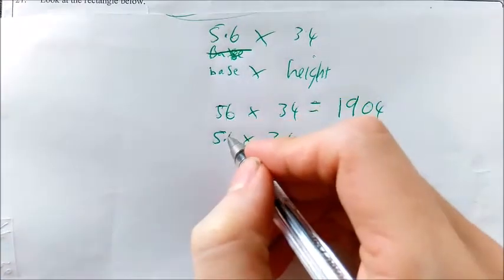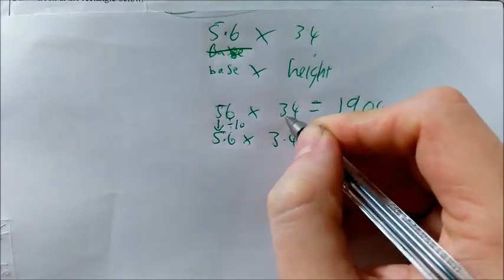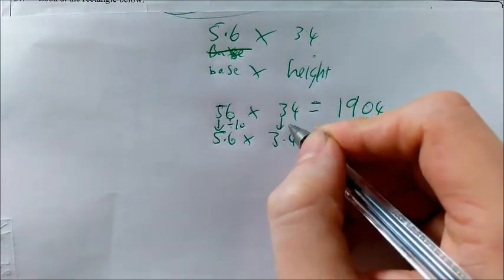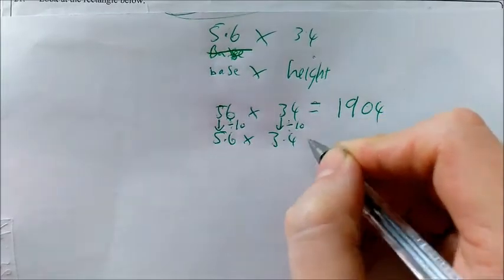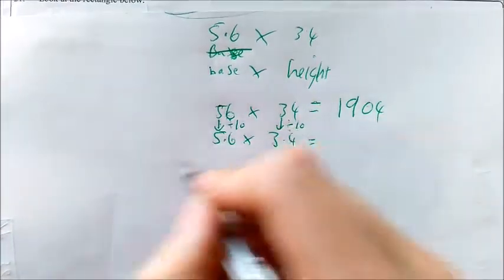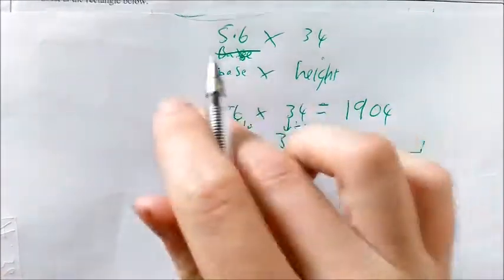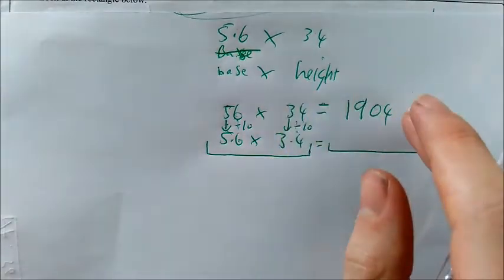So what do I have to do to 56 to get to 5.6? Divide by 10. What do I have to do to 34 to get to 3.4? Divide by 10. So if I divide this side by 10 and 10 again, then I need to do that.